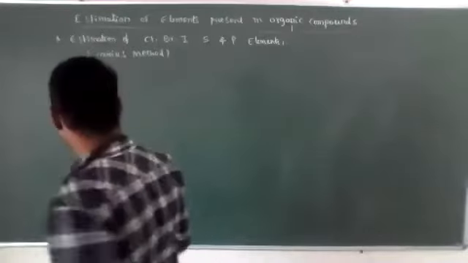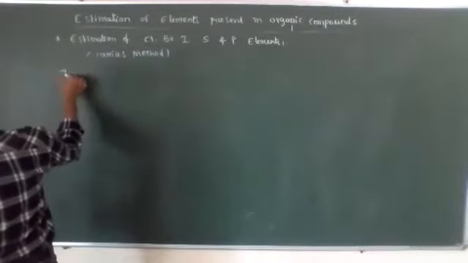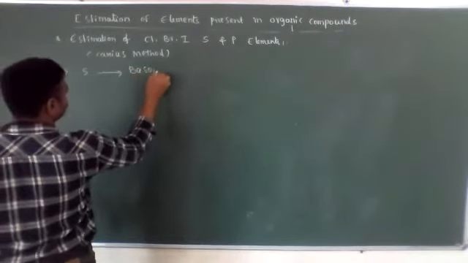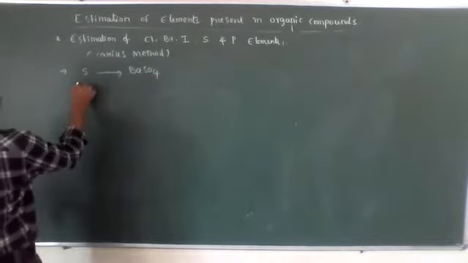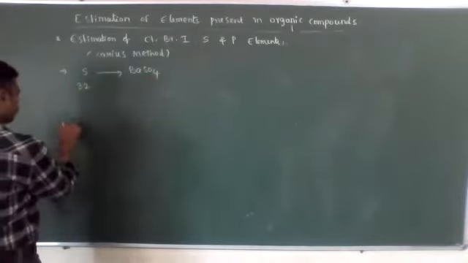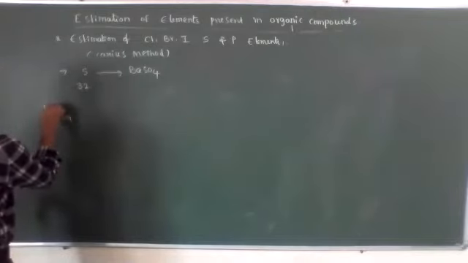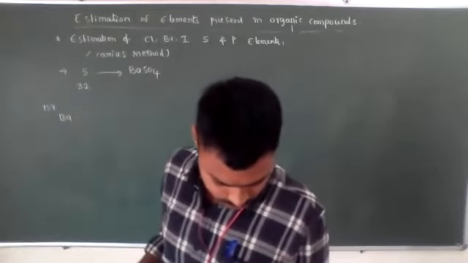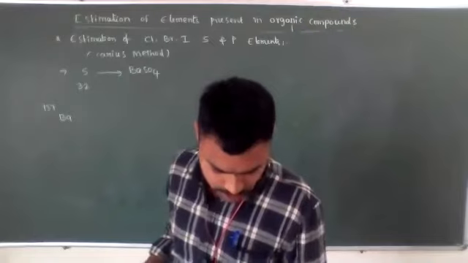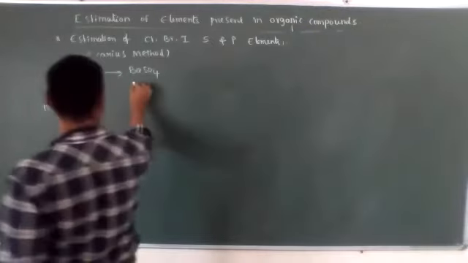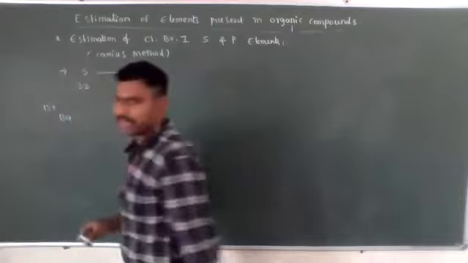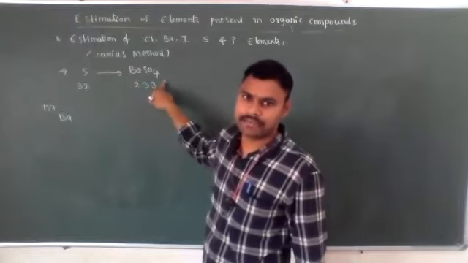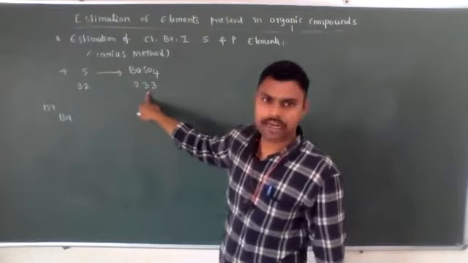Now sulfur is present. The next one, sulfur is converted into barium sulfate, BaSO4. Sulfur gram atomic weight is 32, barium atomic weight is 137. So its gram molecular weight is 233: BaSO4, 137 plus 32 plus 4 oxygen atoms, each oxygen atom 16, then we get 233.